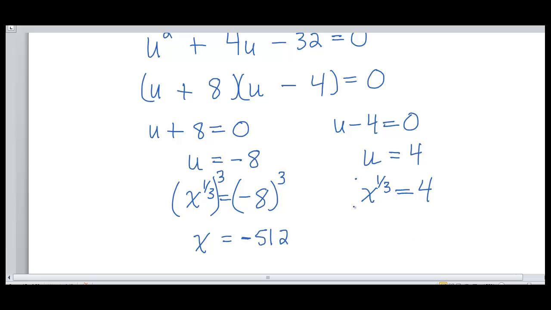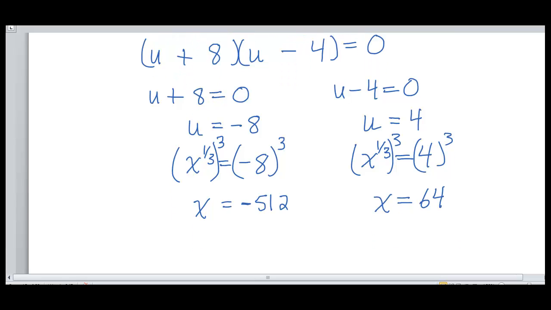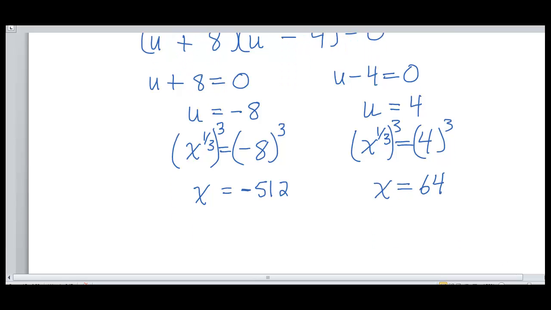And I do the same thing to this equation here, raise both sides to the 3rd power, and I get x equals 64. I'll allow you to go through the process where you plug those values in for x and check your solution, and you will see that both of those are, in fact, a solution to this equation, and so we'll have both of these as our solution.